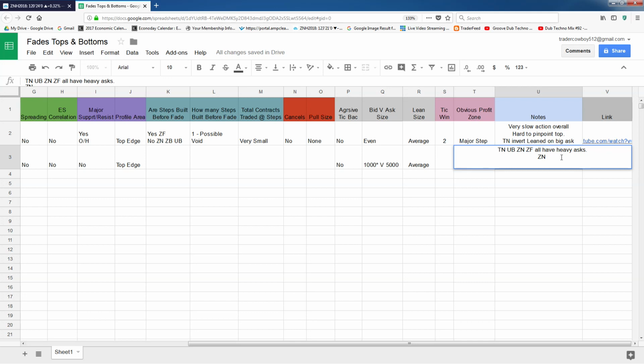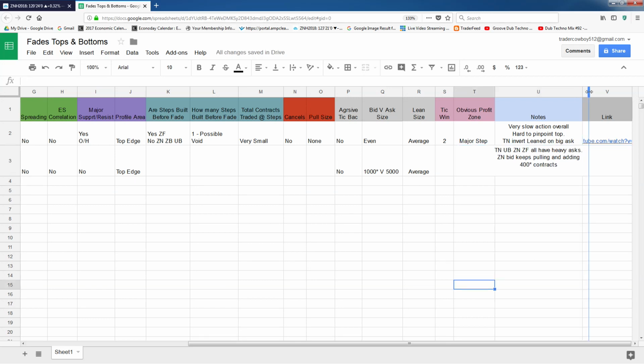ZN bid keeps pulling and adding roughly $400 contracts. So that's what I'm noticing here.